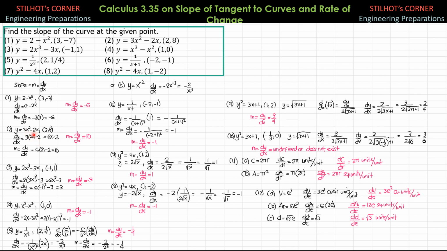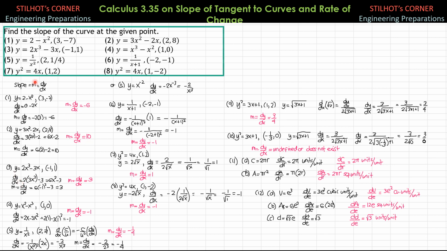Then minus the constant 2 times the derivative of x, which is 1, so negative 2. Simplifying, dy/dx is 6x minus 2. So substitute: 6 times 2 minus 2 is 10. So the slope of the curve for problem 2 is 10.